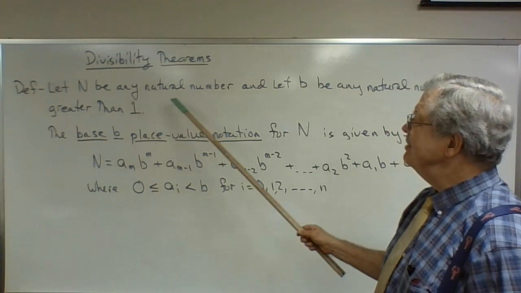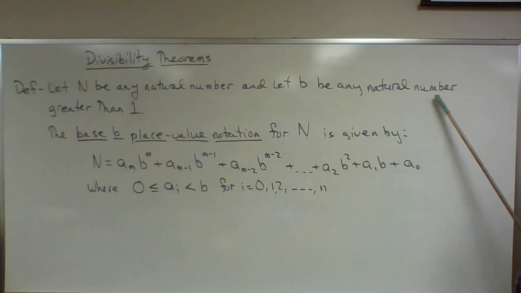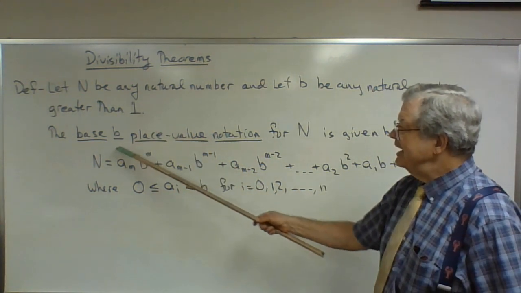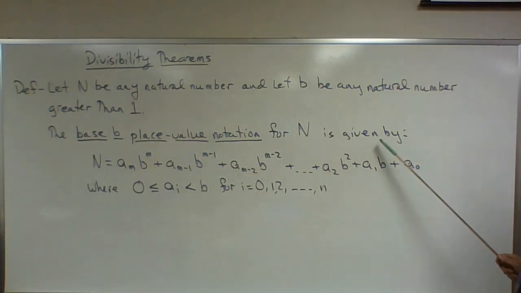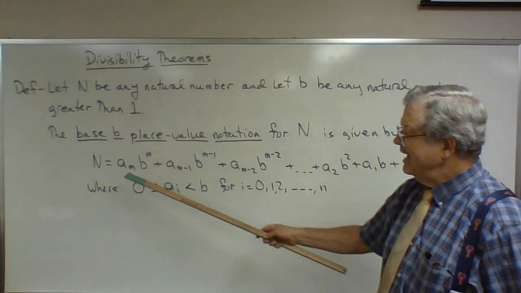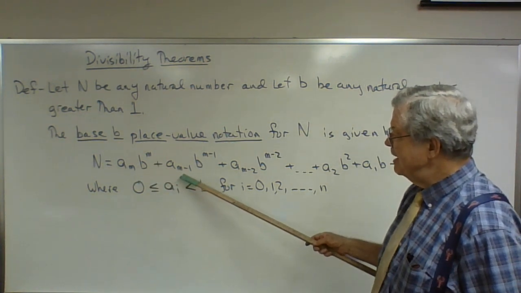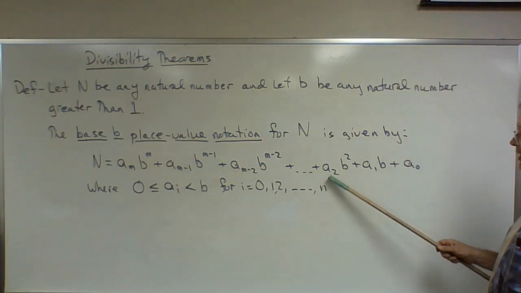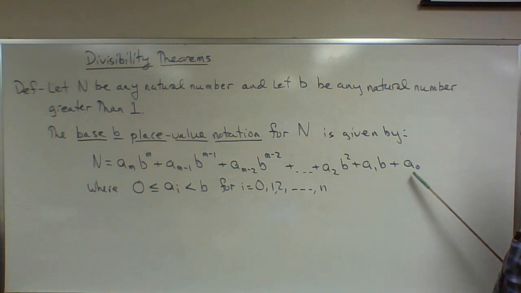Let capital N be any natural number, and let B be any natural number greater than 1. The base B place value notation for N is given by a sub m, B to the m, plus a sub m minus 1, B to the m minus 1, and so forth, plus a sub 2, B squared, plus a sub 1, B, plus a sub 0.